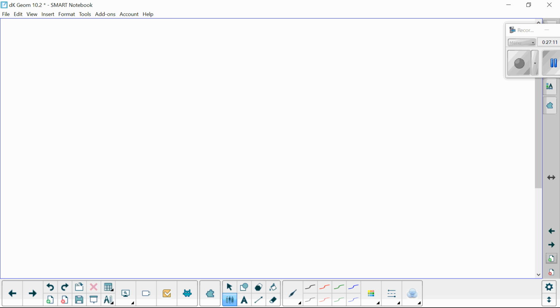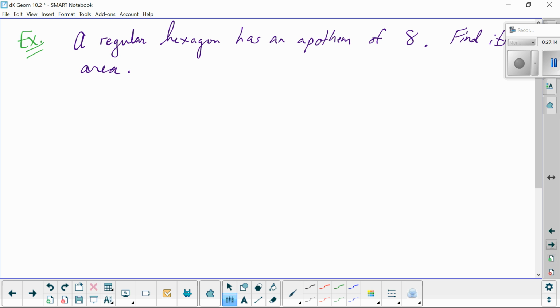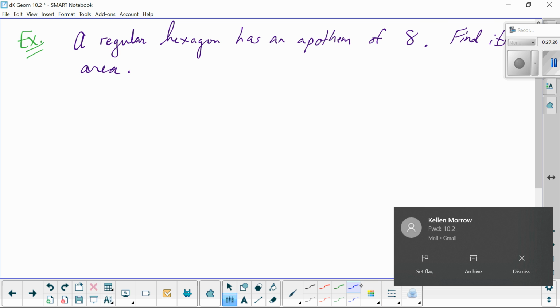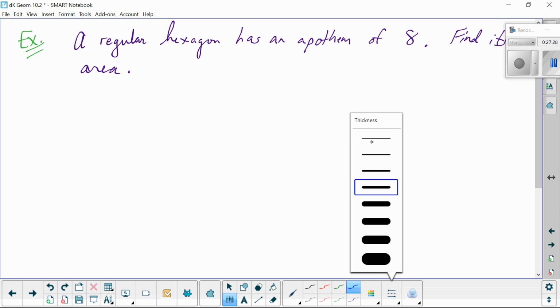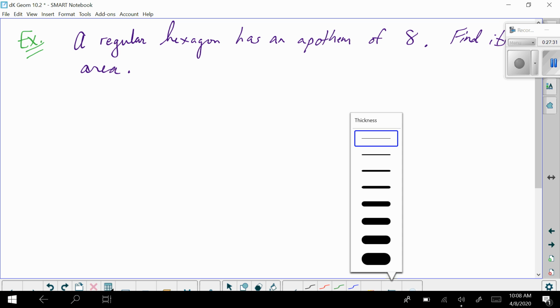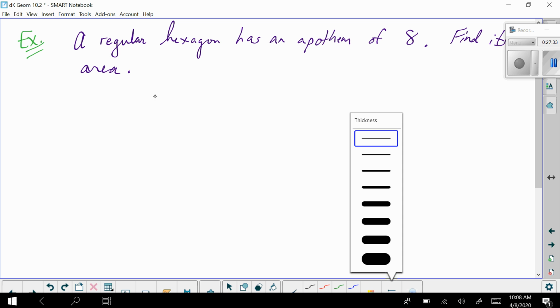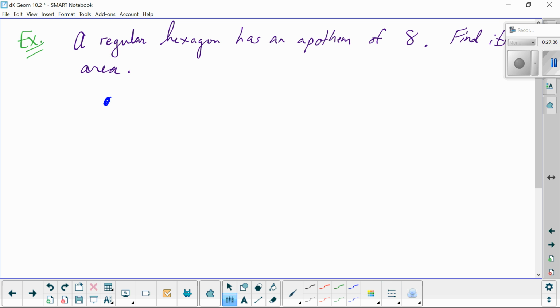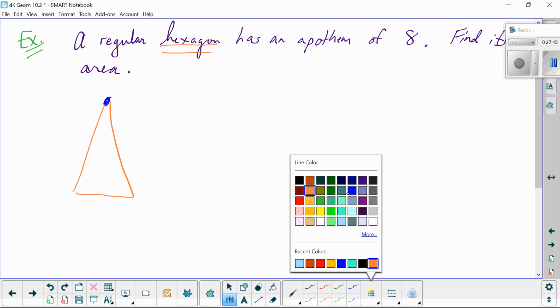All right, for the next example, and this is the last example. A regular hexagon has an apothem of 8. Find its area. All right. So I'm going to draw that picture again. This is a hexagon, so there's 6 of these triangles. The apothem is 8.